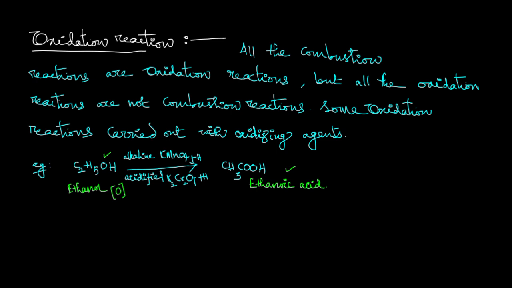These types of reactions are called oxidation reactions. In oxidation reactions, there may not be oxygen to carry out the reaction, so we can say all the combustion reactions are oxidation reactions because we are using oxygen there, but all the oxidation reactions are not combustion because we are not using oxygen here.